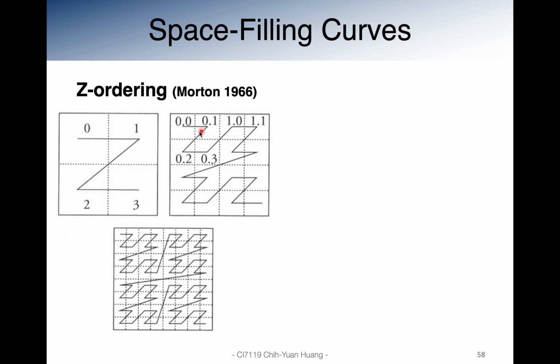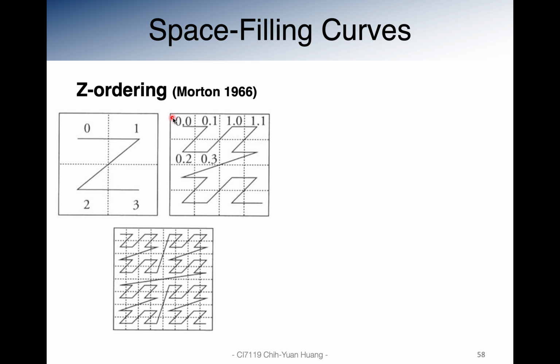What I just said about 0,0, 0,1, 0,2, 0,3 means, as you can see, in a quadtree structure, this is the first level, where we have 4 nodes. If we go to the second level, all the first level nodes will be divided into quadrants, which means that the 0 node here will be divided into 0,0, 0,1, 0,2, 0,3.